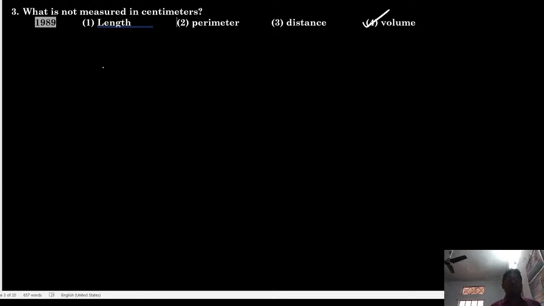We know length is measured in distance units: millimeter, centimeter, decimeter, meter, decameter, hectometer, kilometer. Perimeter is also measured in distance units.